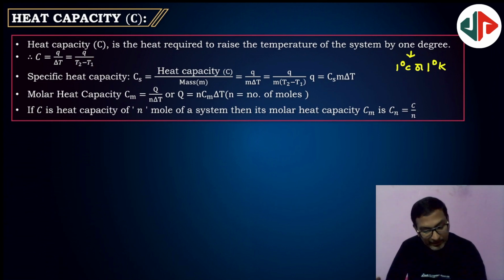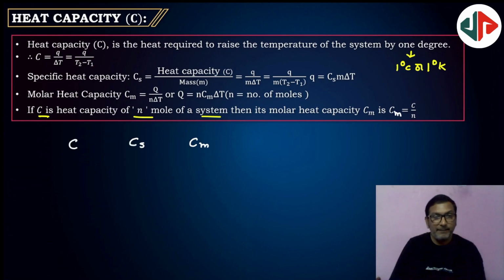If heat capacity for n moles is given as C, then Cm, molar heat capacity, will be equal to C by n for 1 mole. So heat capacity, specific heat capacity and molar heat capacity. Remember these three.